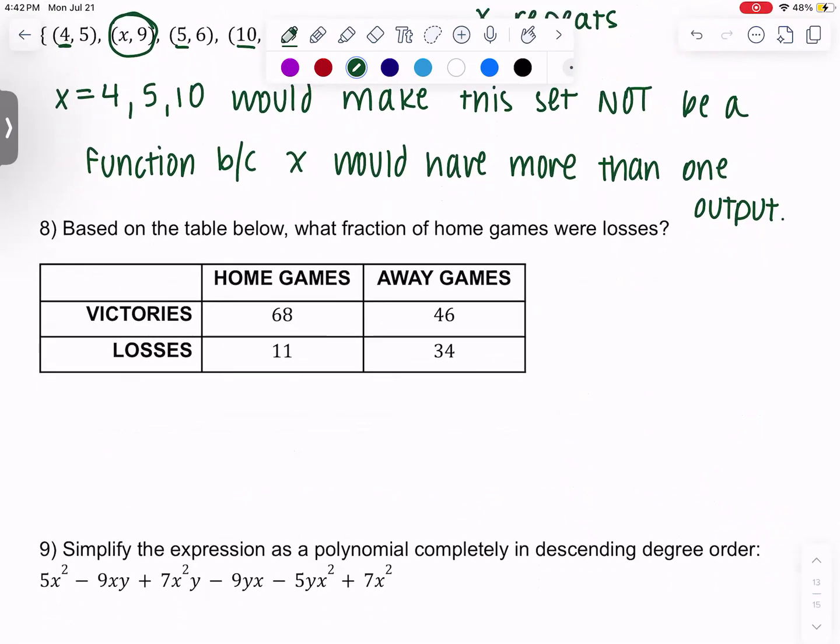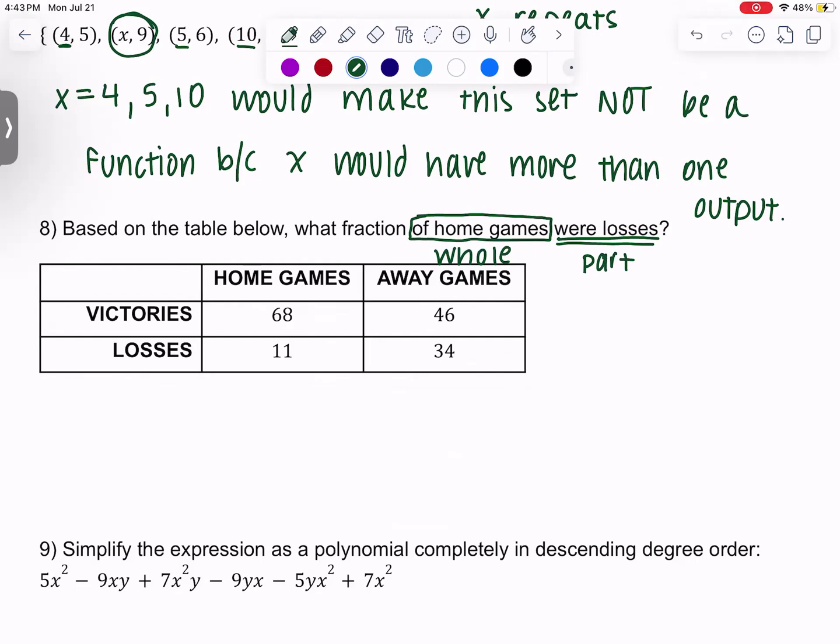For number 8, we underline the is and of statements based on the table below. What fraction of home games, so let's box it, of home games were losses? Of is our whole, it tells us what the whole total we're looking for is, and the part comes from this is statement. Is losses? What part is losses or were losses?